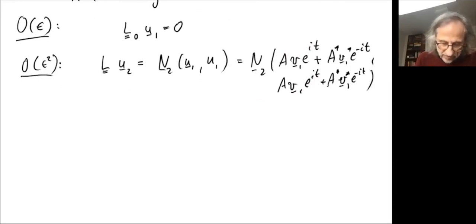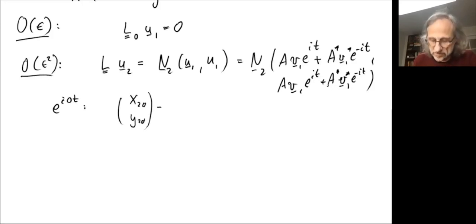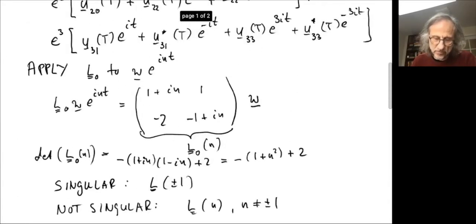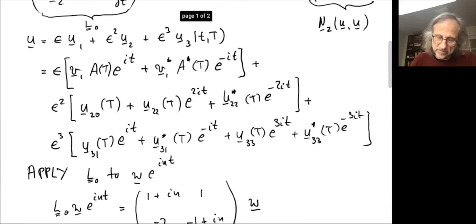There will be an e to the i0t, and when you do that, out comes that x20, y20 is going to be 0 for a times a star. Remember, x20, y20 are the components of u20, where we had predicted that we will need a term that has no frequency, or zero frequency.